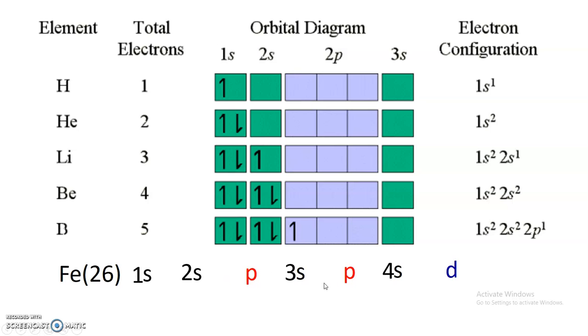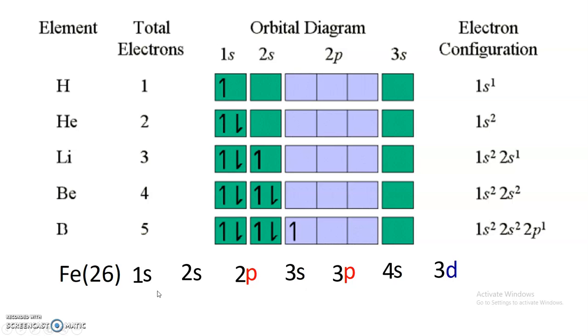Now number the p orbitals. P orbital starts from the second shell, so 2 and 3. D orbital starts from the third shell, so 3. So these are the orbitals arranged according to increase in energy: 1s, 2s, 2p, 3s, 3p, 4s, 3d.